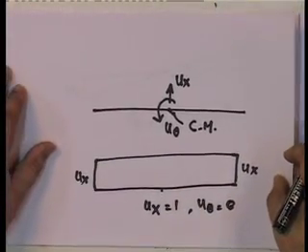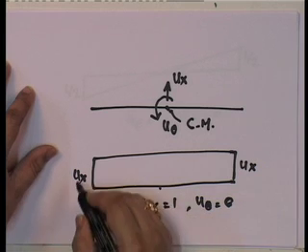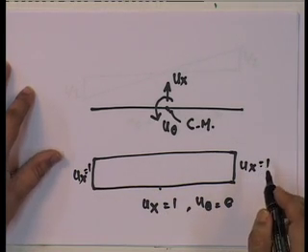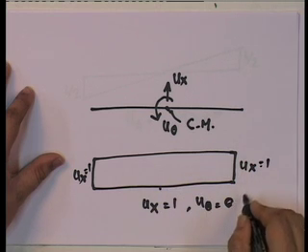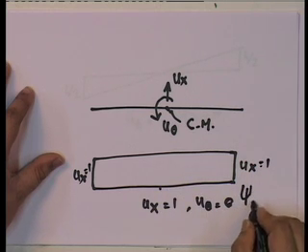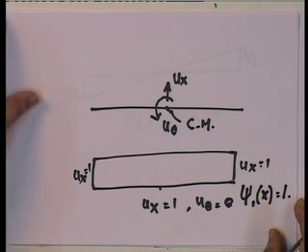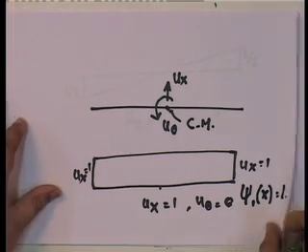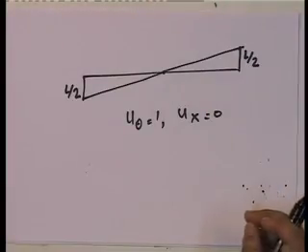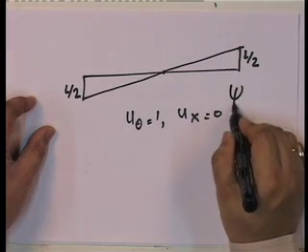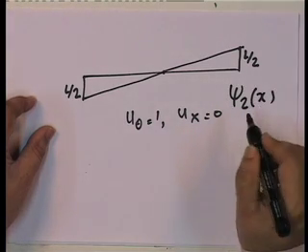So, if I look at this, this is equal to 1, this is equal to 1, and therefore, xi 1 x is equal to 1. Okay? And what is xi 2 x? This shape is xi 2 x.